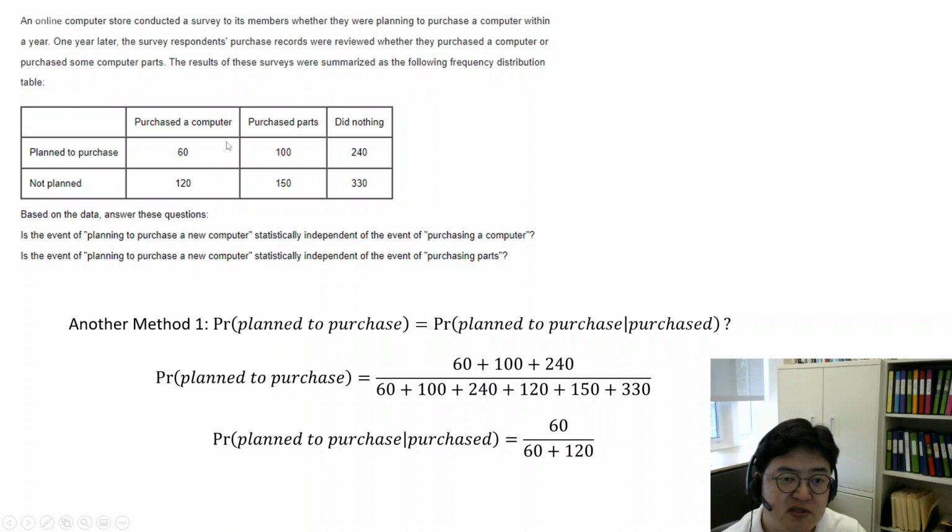So this part, the first column, has the only observations that satisfy the condition. So the denominator is these two numbers, and the numerator is those who planned, right? 60 out of 60 plus 120.